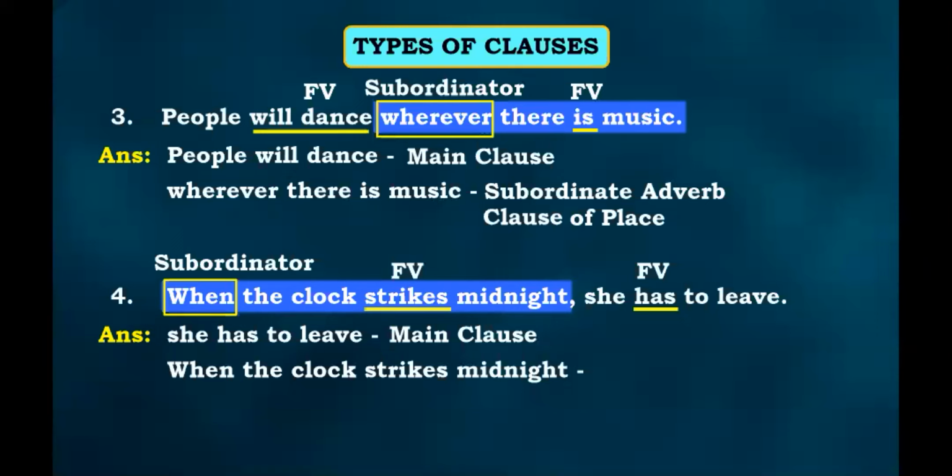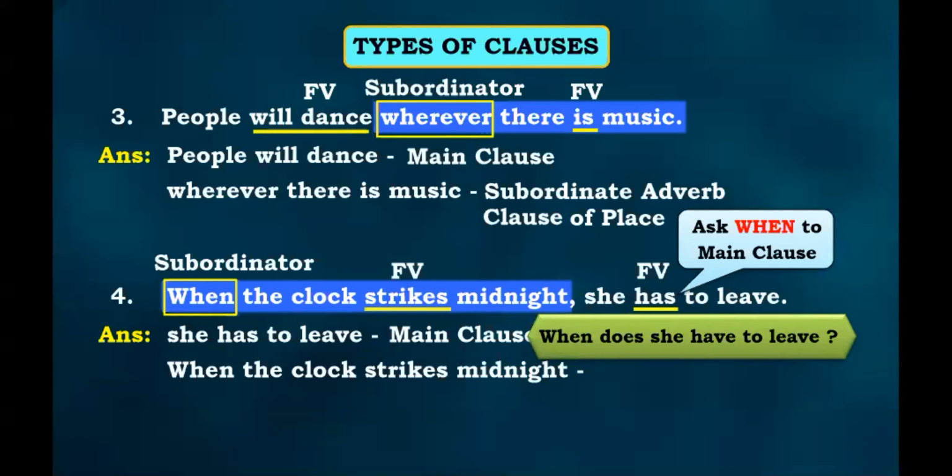What will you ask? Why does she have to leave? When does she have to leave? Correct? When? कभी leave करना है जभी it's 12 o'clock. Very clear with this? So the question is when? When does she have to leave? And the subordinate clause answers it correctly.